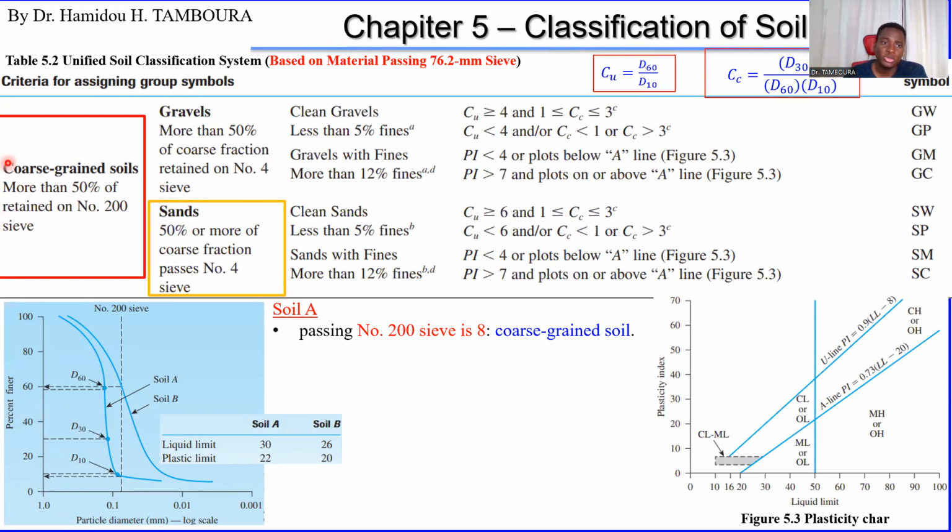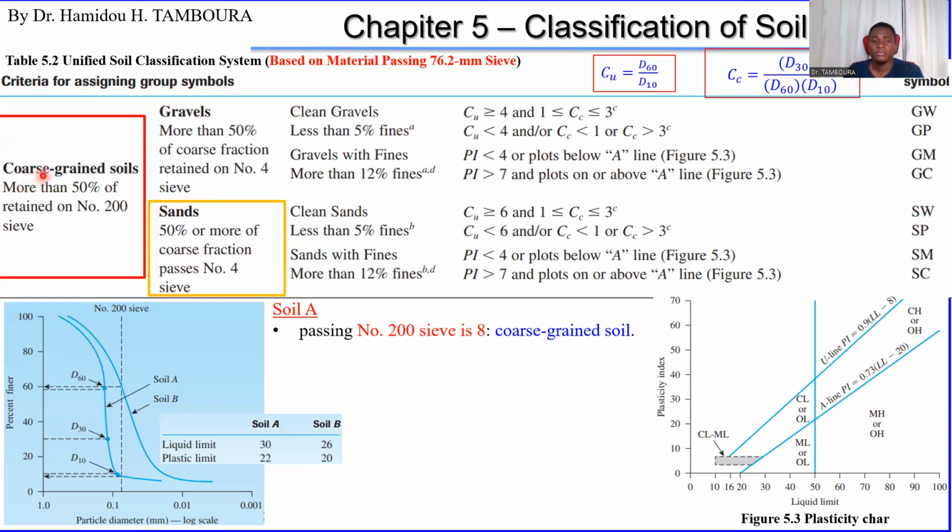This is what is written here. For coarse-grained soil, more than 50% of the soil is retained on the sieve number 200. So we are in this case.